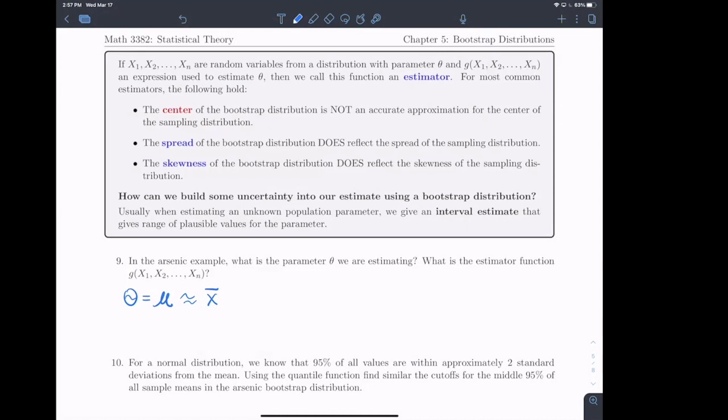And if we want to get a little bit more fancy, we would say our parameter is theta, the mean of the population. Our estimator for this gets a hat. Whenever we're estimating, we put a little angled hat on top of it.